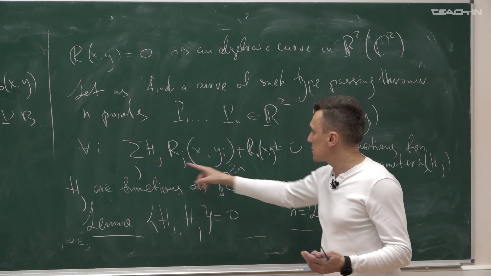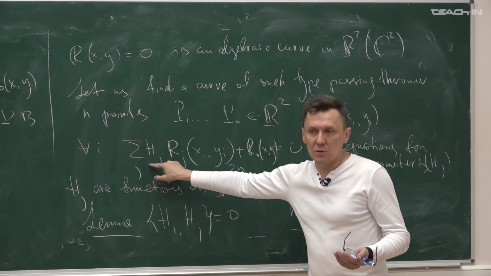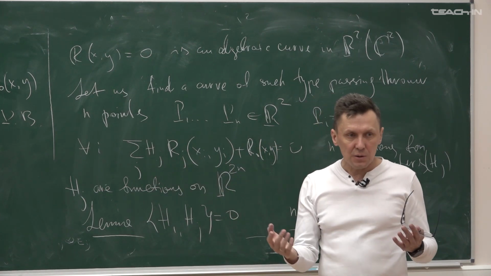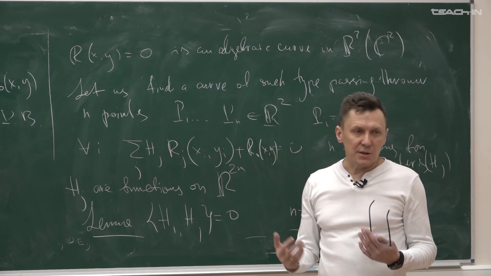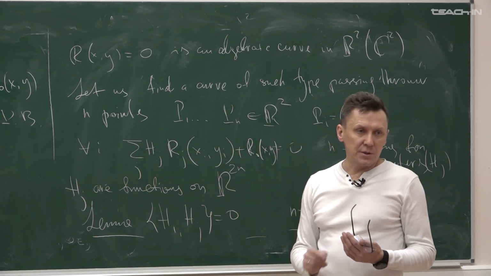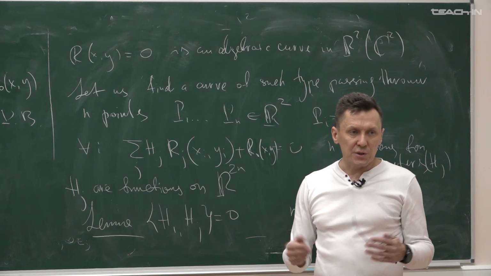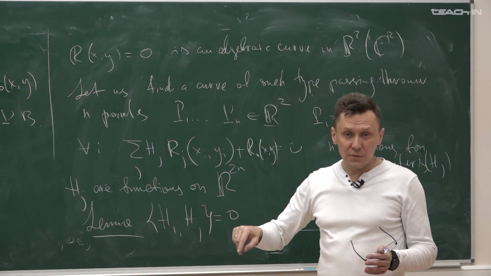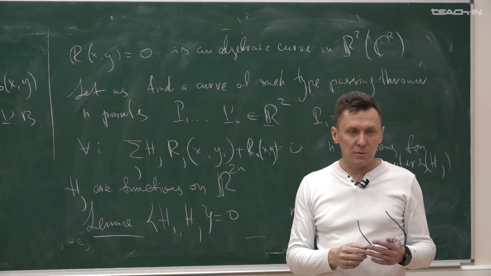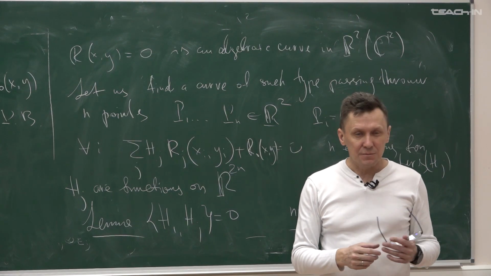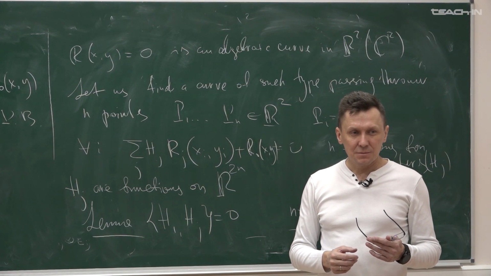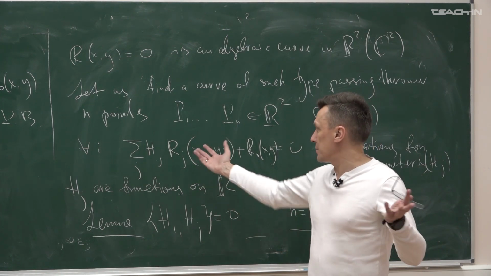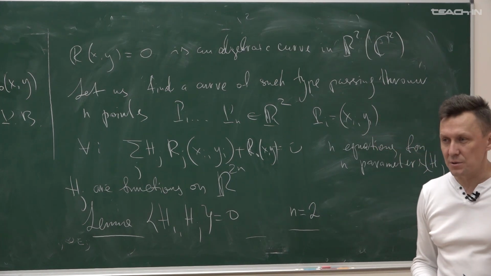It is a linear system, n linear equations on n parameters h. So h is defined uniquely, and that means that h are functions on this set of n points in R2. If we fix n points, there is only one curve from our family which passes through these points, because of the system of linear equations.